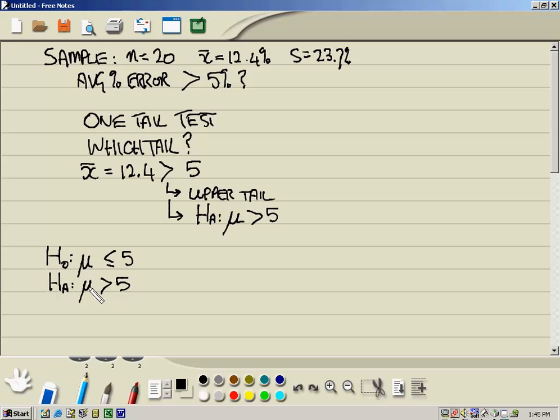If the average percent forecast error is greater than 5%, then the error is too large, and so for the null, the error is not too large.